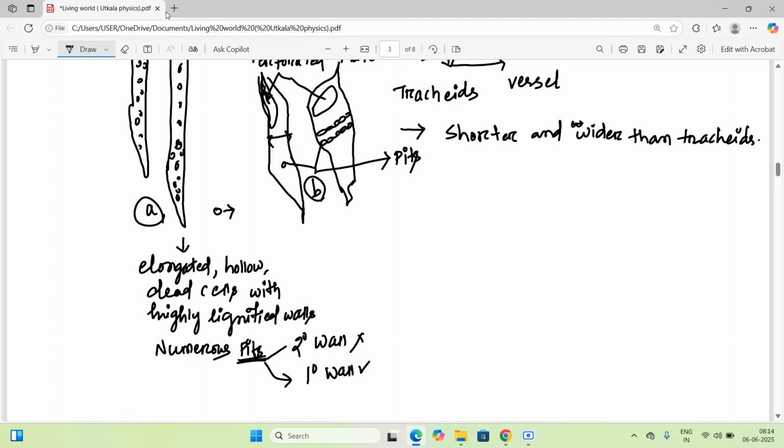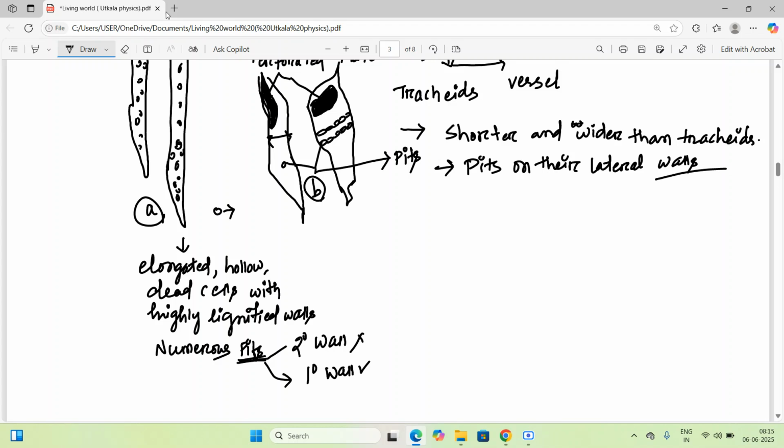These are the perforation plates. Vessel elements also have pits on their lateral walls. Got it?